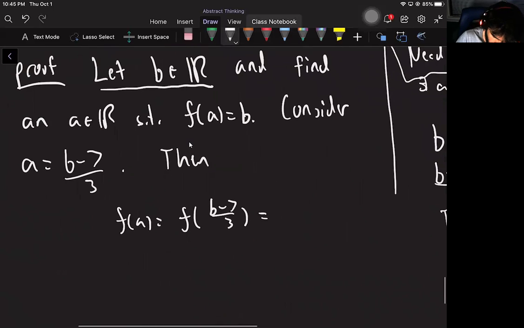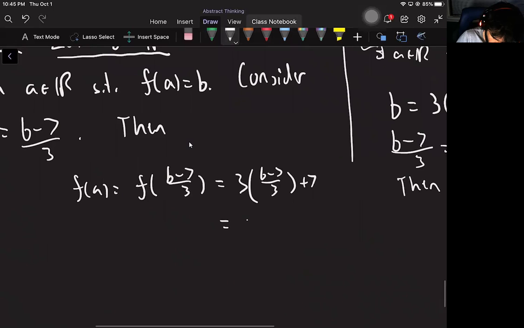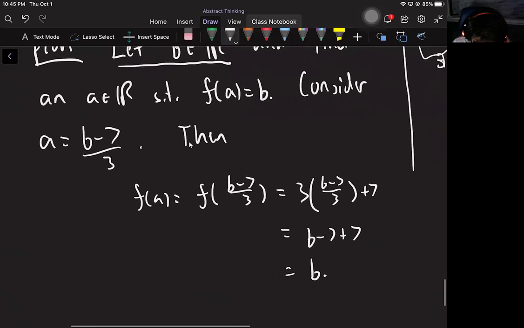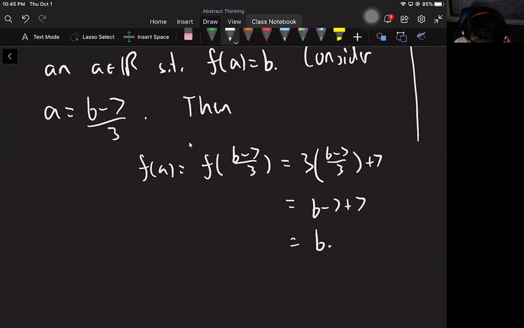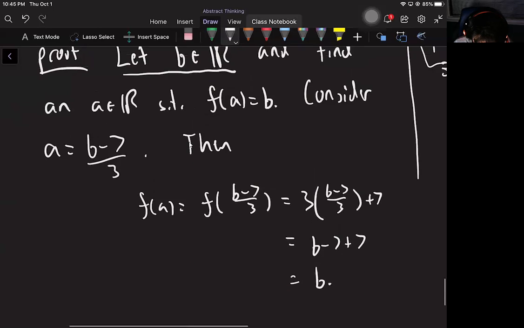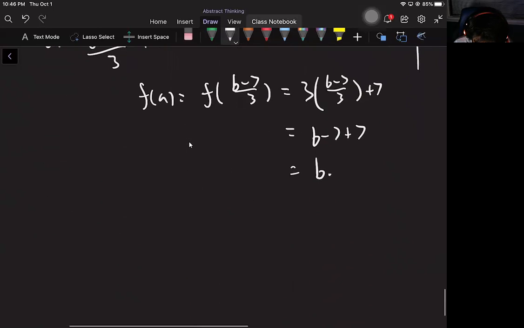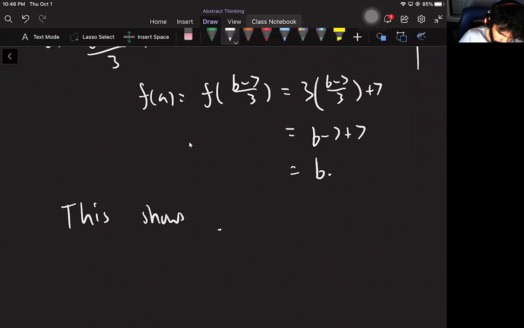It's that 3 times B minus 7 over 3 plus 7 equals B minus 7 plus 7 equals B. So what we've really done is we've constructed a recipe to create B no matter what B you start with. And that's how this shows f is surjective.